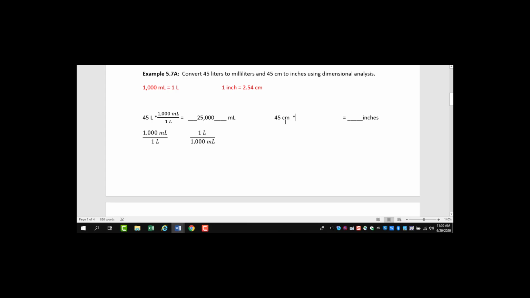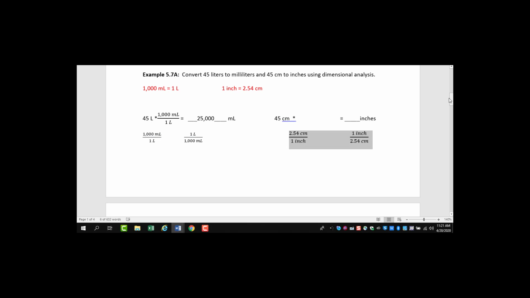This is dimensional analysis. I have two possible choices: 1 inch over 2.54 centimeters, or 2.54 centimeters over 1 inch, and I'll put those in here. So there's my two choices.